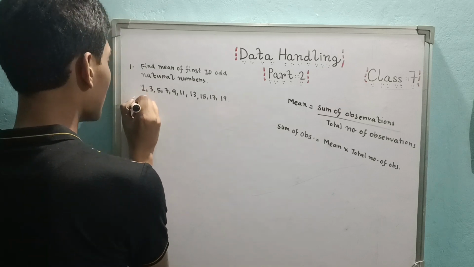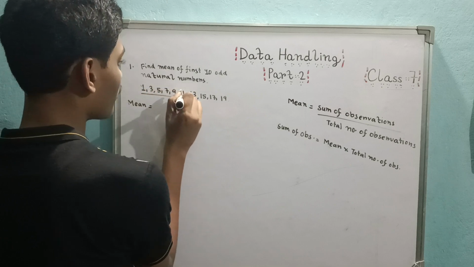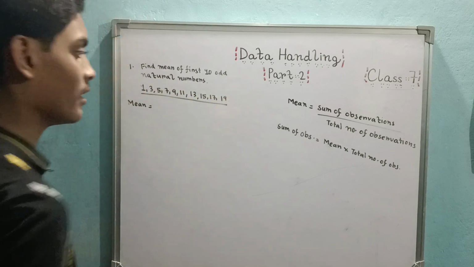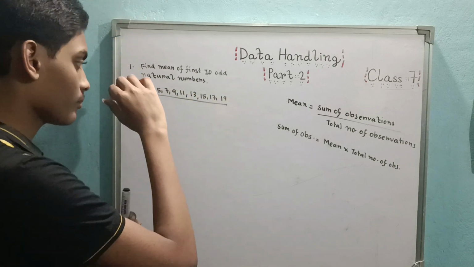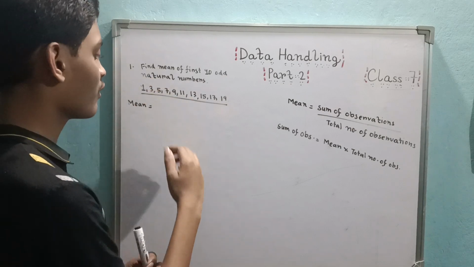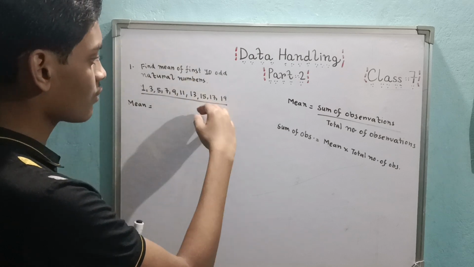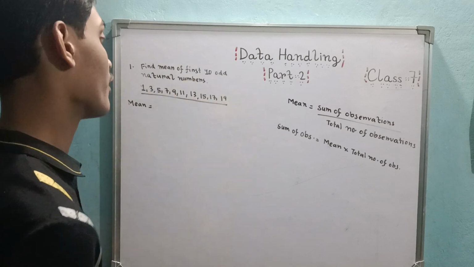The sum of all of these, which you will get if you calculate: 1 plus 3 is 4, plus 5 is 9, 16, 25, 36, 49, 64, 81, 100.